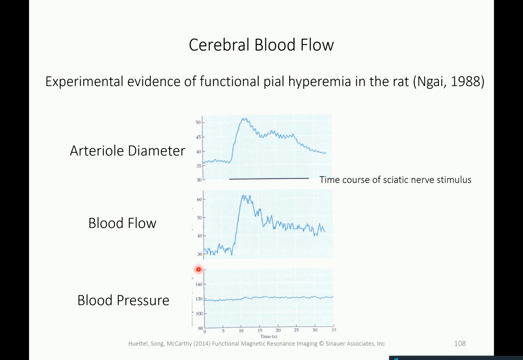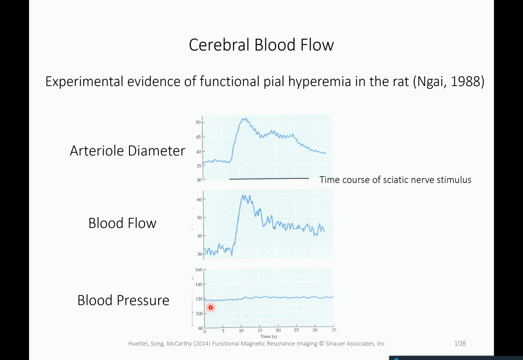There is more detailed evidence, for example from an experiment by Guy from 1988 that looks at the regulation of the arterial diameter. This graph shows sciatic nerve stimulation in the rat, looking at the somatosensory cortex, with a preparation where they could measure the arterial diameter, which you see is going up in response to the sciatic nerve stimulus, and the corresponding blood flow goes up.